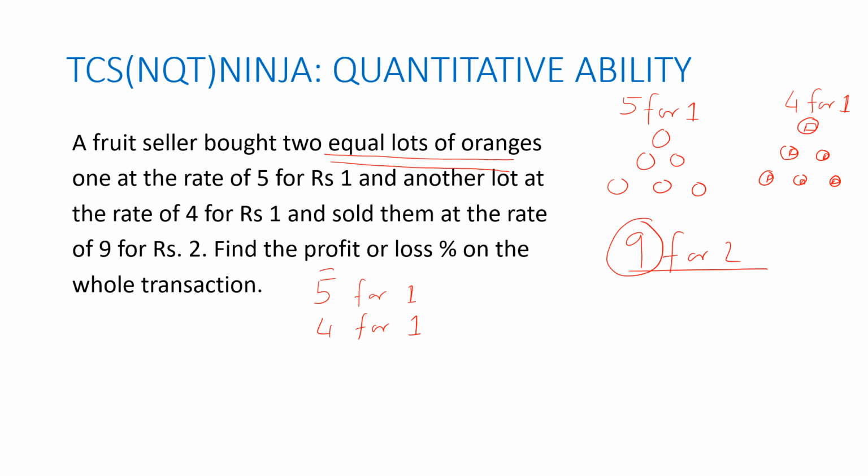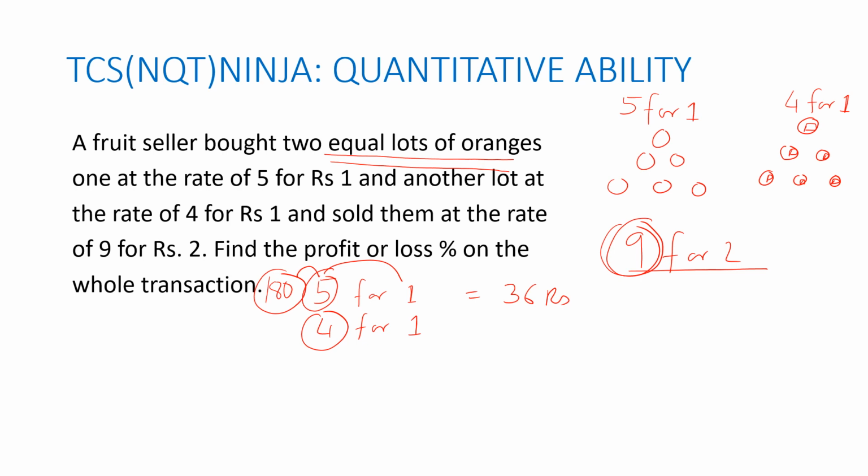I would take the LCM of 5 and 4, which would have been 20, and 9, 180. So for the calculations are simple, I'll assume you're buying a lot of 180. Okay, so if you want to buy a lot of 180 of these oranges, which are 5 for 1, you would be spending 36 rupees.